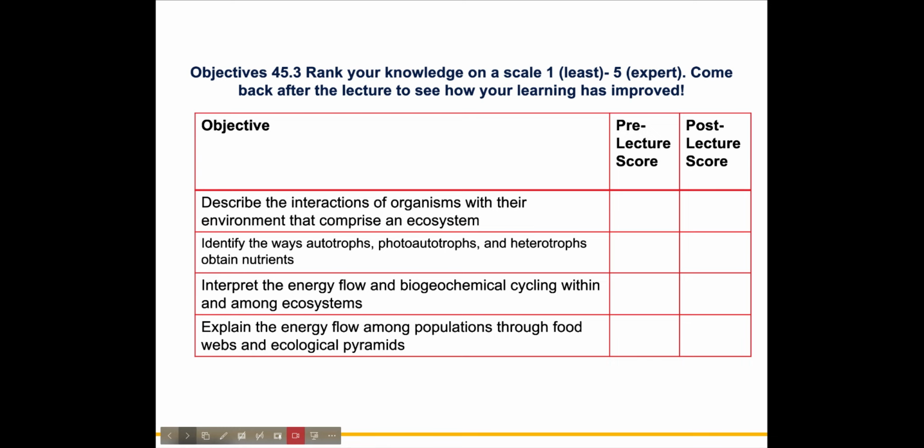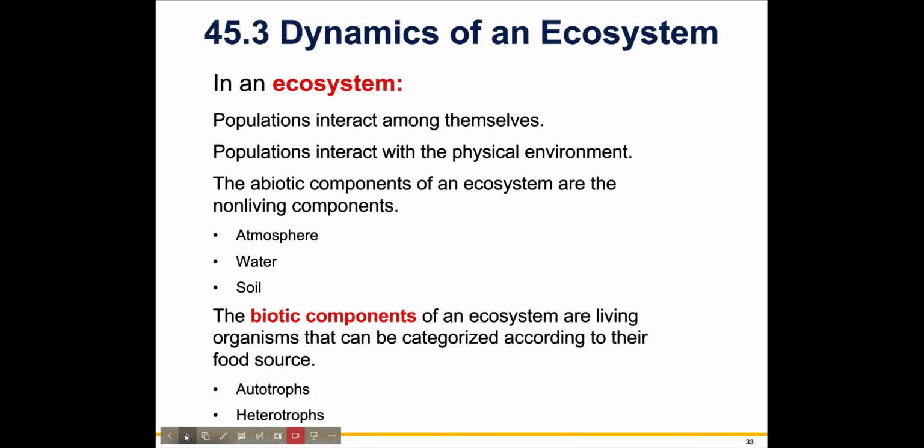All right, section 45.3 is going to give us some interactions within our ecosystem. We're going to define how living things get their energy and then explain that with some food webs and food pyramids. So, what we see is that an ecosystem is now not just the living things like a community, but it's also the physical environment.